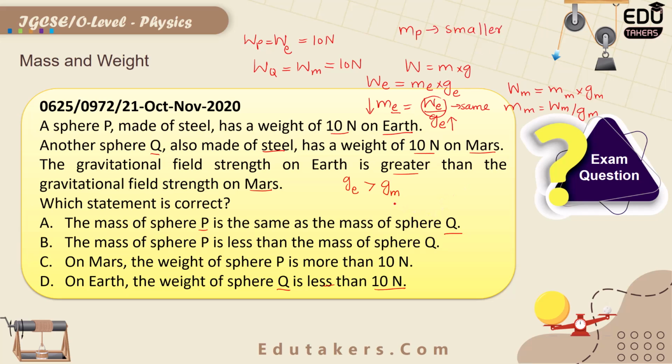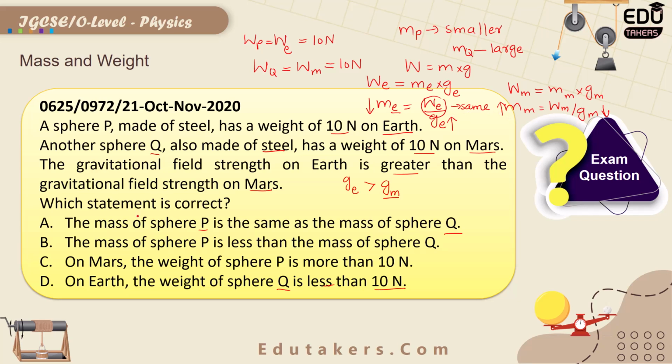And on the surface of Mars, the value of g is small. When the value of g is small, of course, here the mass would be large. It means that on the surface of Mars, the sphere Q is placed. So the sphere Q has a large mass as compared to the mass of the sphere P.